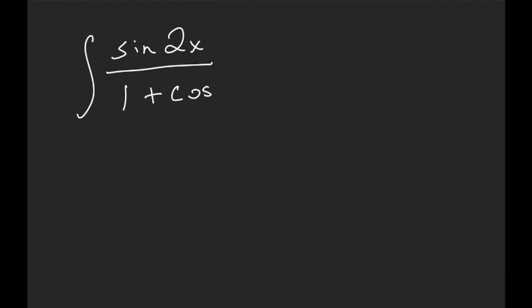And let's do one more example of the rule of substitution. Let's do a harder one. Okay, this one is pretty hard. So we have the integral, or actually the antiderivative, of sine of 2x divided by 1 plus cosine squared x dx.